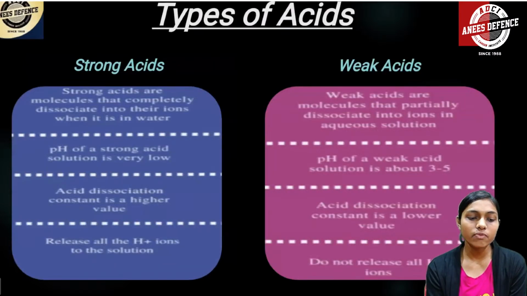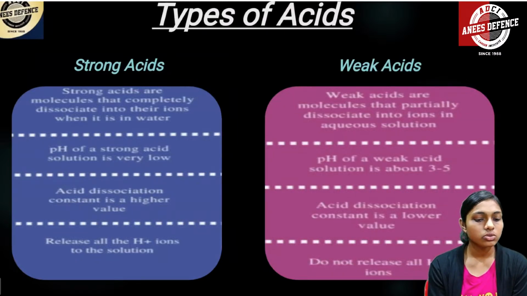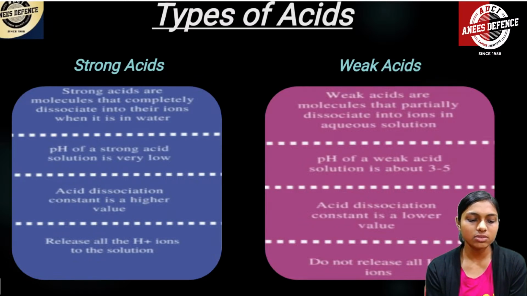Then comes types of acids. There are basically two types of acids: strong acids and weak acids. Strong acids are molecules that completely dissociate into their ions when in water, and weak acids are molecules that partially dissociate into ions in aqueous solution. The pH of strong acids is very low, the value being between 1 to 3, or 1 or 2.